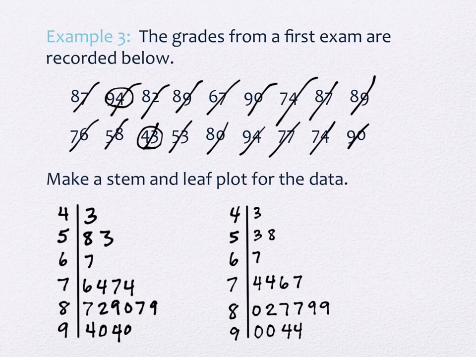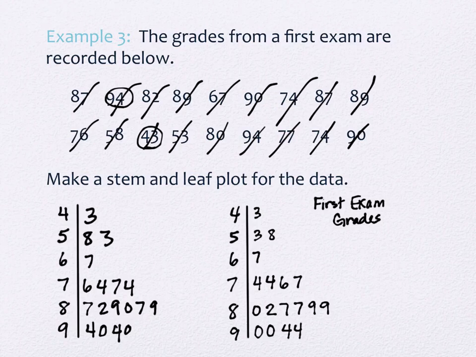I do need one more thing though, a title. What could a title be for this particular graph? Okay, so they are first exam grades. And I actually need a key as well, especially because we're about to see some other stem and leaf plots pretty quick, where it's going to get a little more confusing.